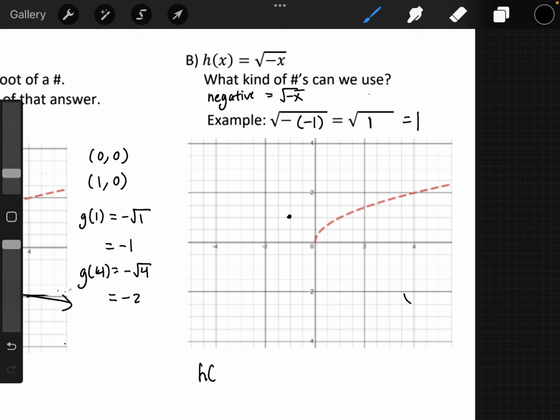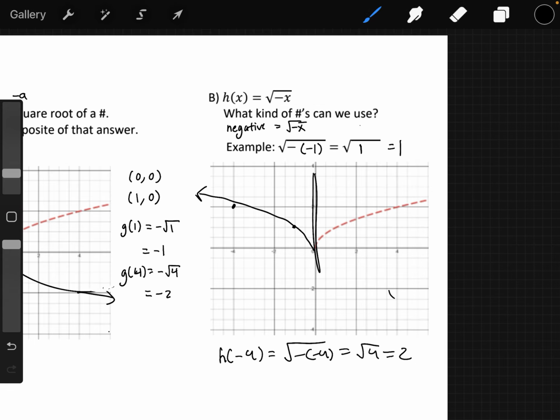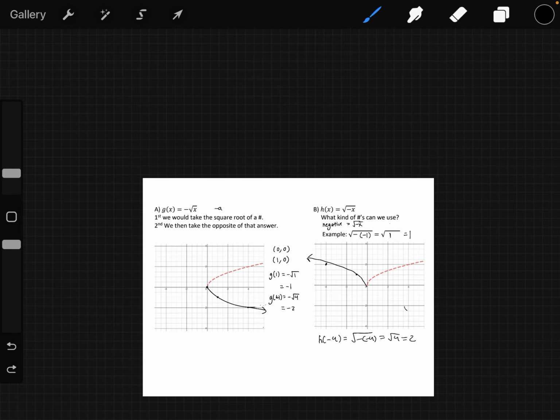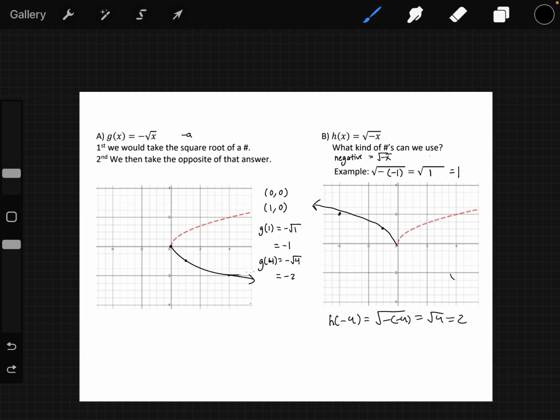How about negative 4? When x equals negative 4, we get the square root of negative times negative 4, which is the square root of 4, which equals 2. So for negative 4, we plot it at 2. So here we see that the graph reflected about the y-axis here. So those are the two types of reflections, the vertical and the horizontal.